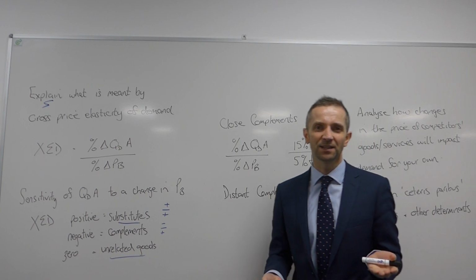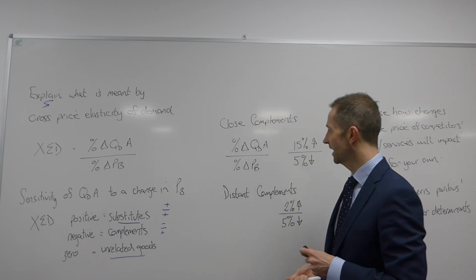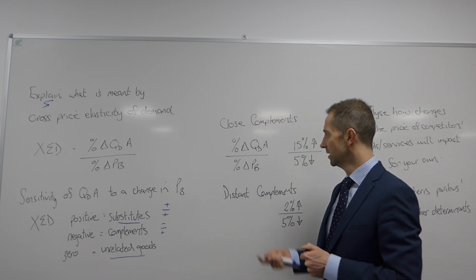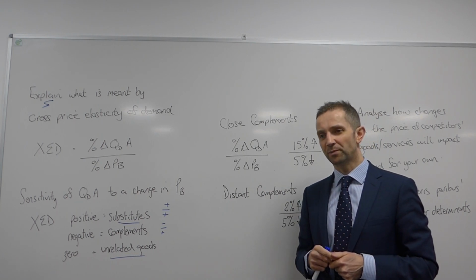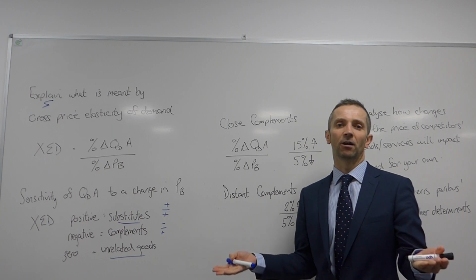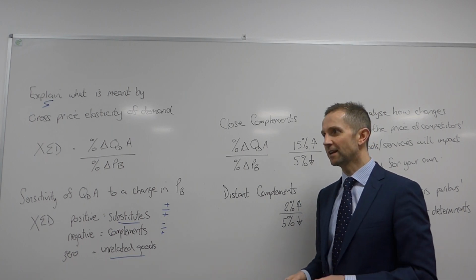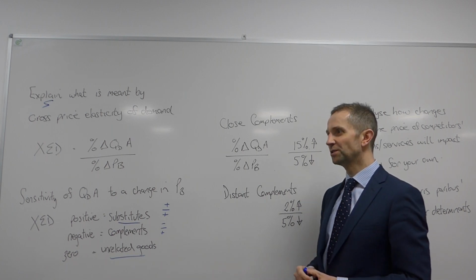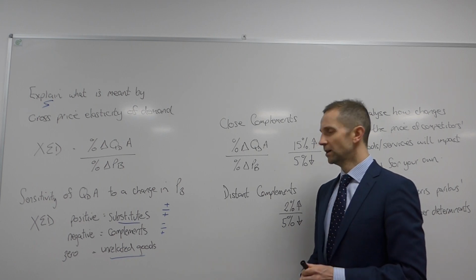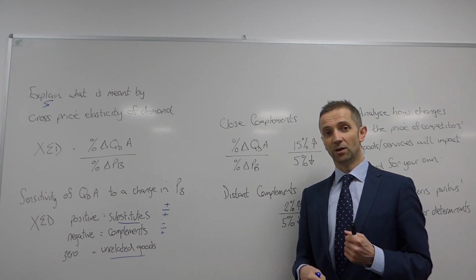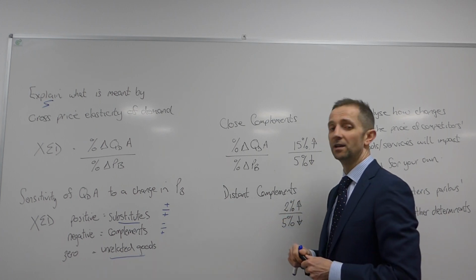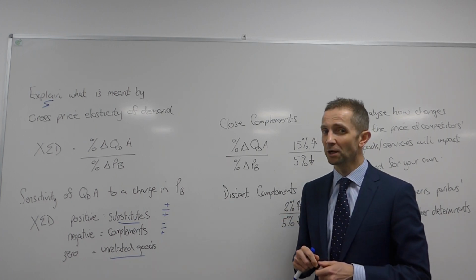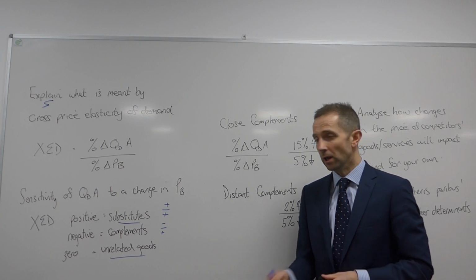So if you think about tennis bats and tennis balls, well, if you get a relatively small reduction in the price of tennis bats, particularly around Wimbledon time when everyone's really getting into it and getting out in the summer sunshine of a late evening, you might find then that you get quite a proportional increase in the number of tennis balls, because of course it's always handy to go to the tennis court with more than one ball.